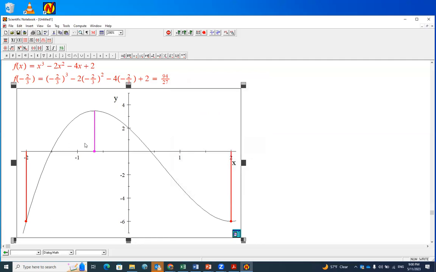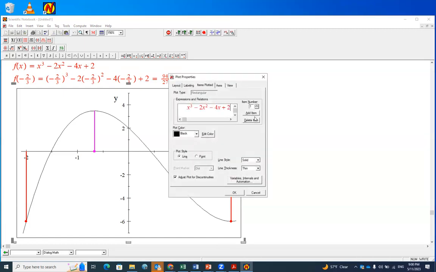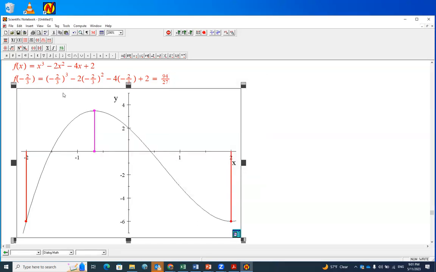So this point, if I want to put a purple dot there, that purple dot would be this. That's the purple dot.